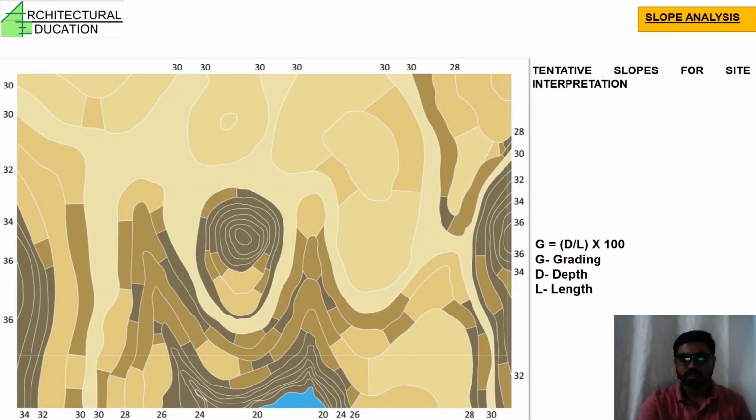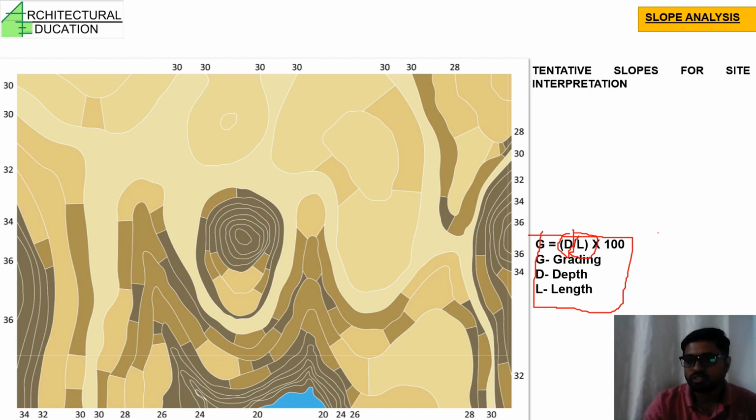So if you see, this is the actual formula for it. G is equal to D by L into 100, where G is the gradient. Gradient you generally know is in the form of a ratio, 1 is to 20 or something, where D will be the depth and L will be the length of it.